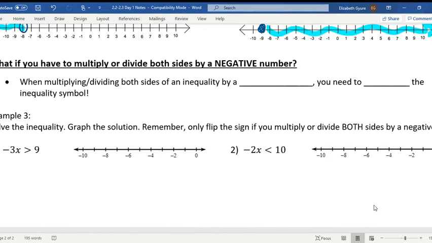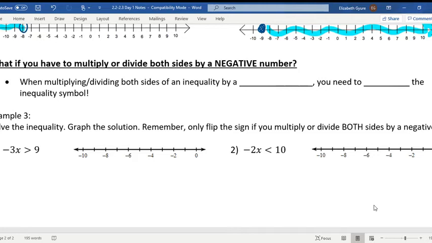All right. Well, good. What if you have to multiply or divide both sides by a negative number? Now, here's our little trick, a place where we've got to be a little bit more careful. When you multiply or divide both sides of an inequality by a negative number, you're going to have to flip your sign around. It makes it go the opposite direction.